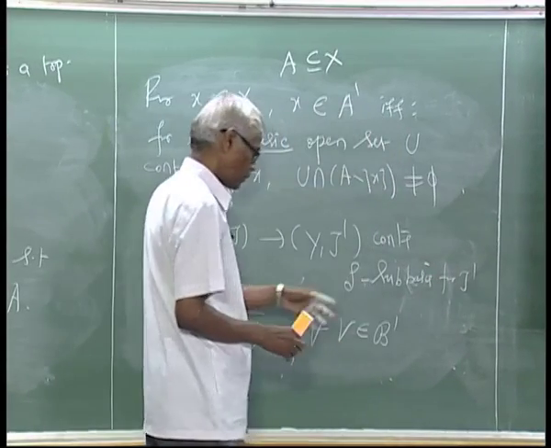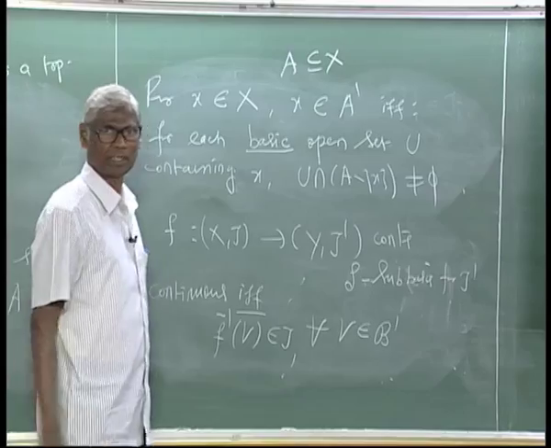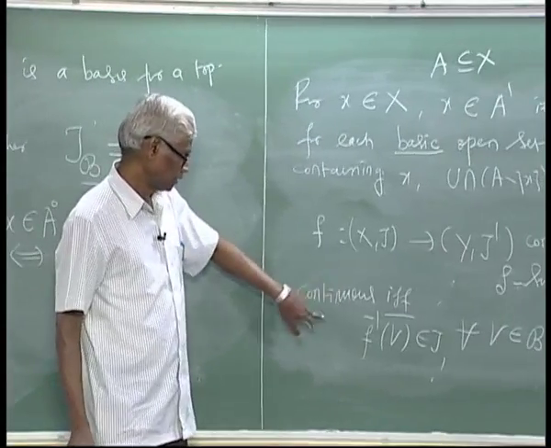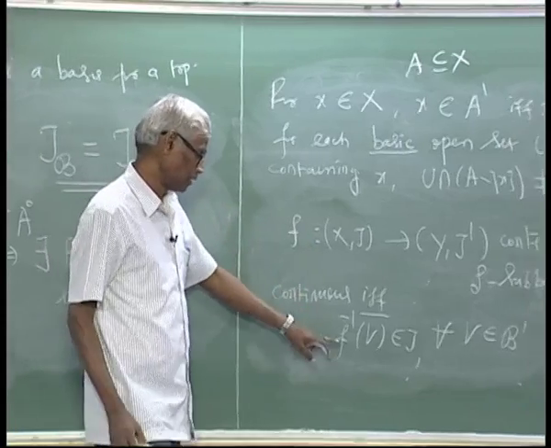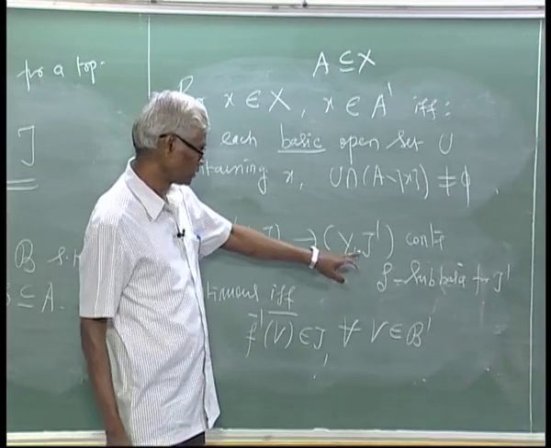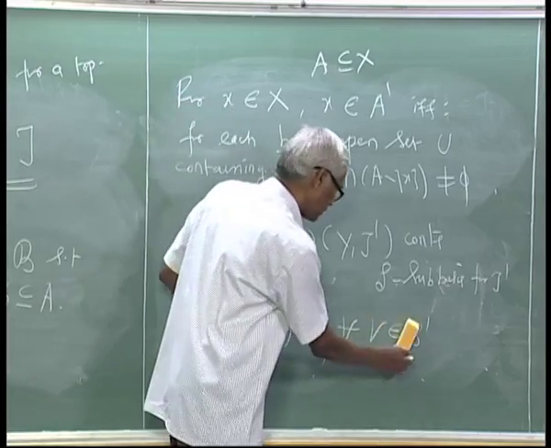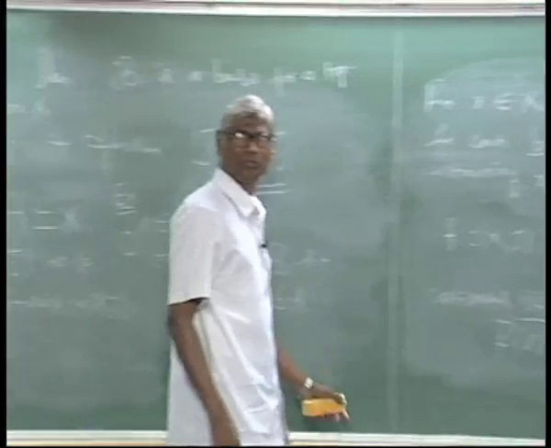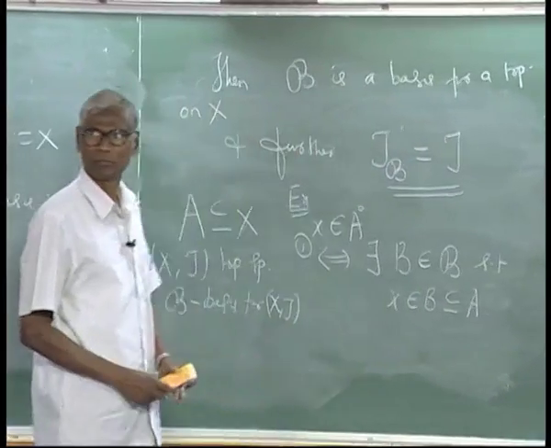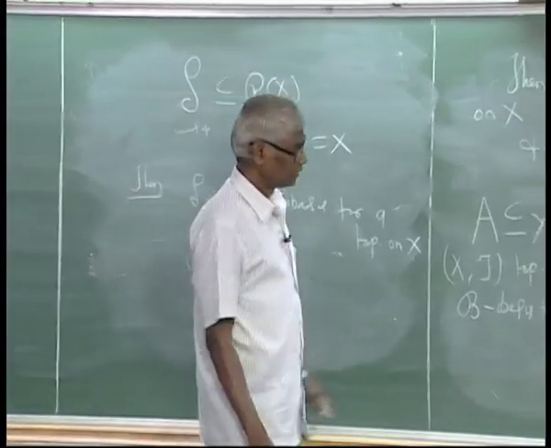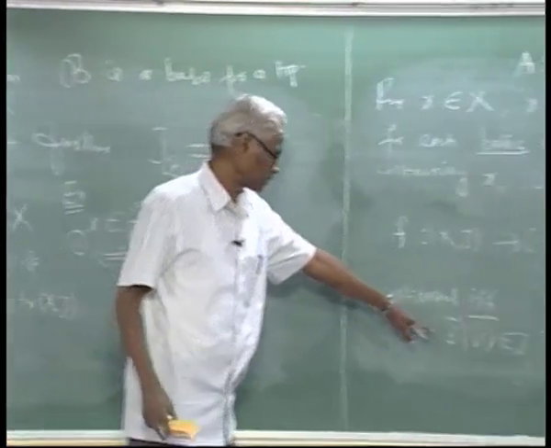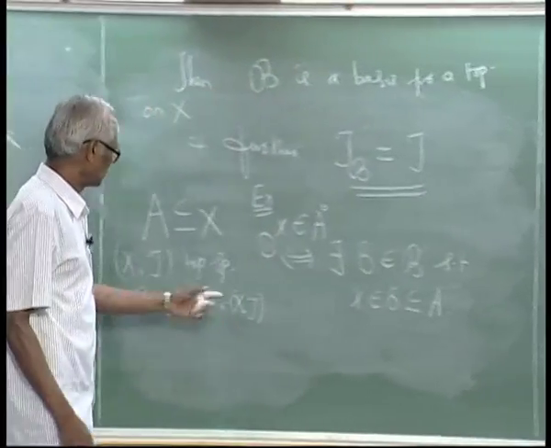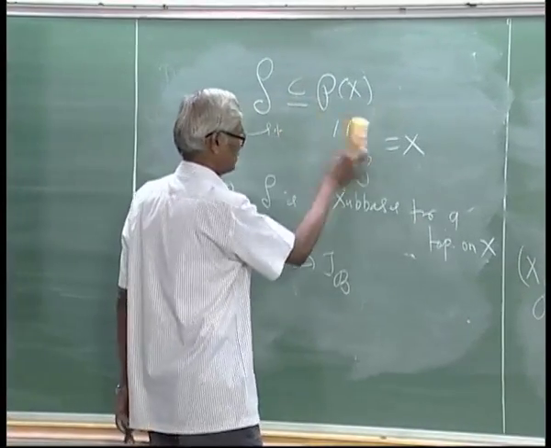That means from script S we have generated the topology tau prime, then F is continuous if and only if the inverse image of every subbasic open set is open. This is enough. So using that we can prove that the inverse image of every open set is open. So, that we will leave as an exercise.